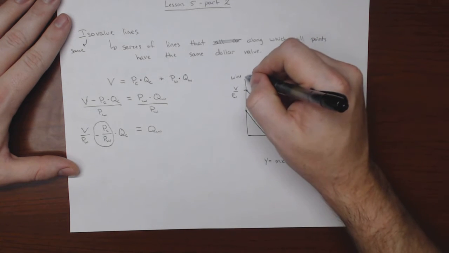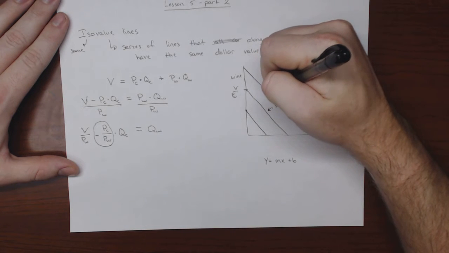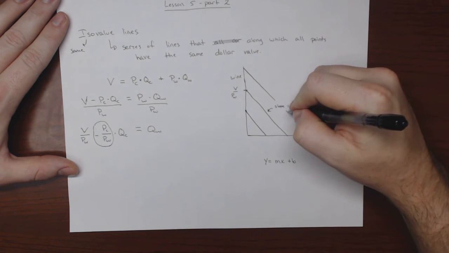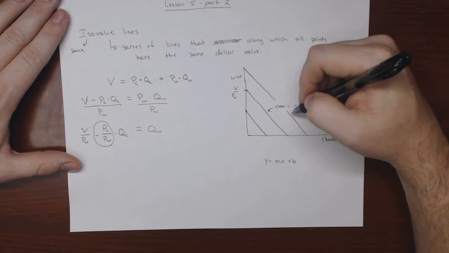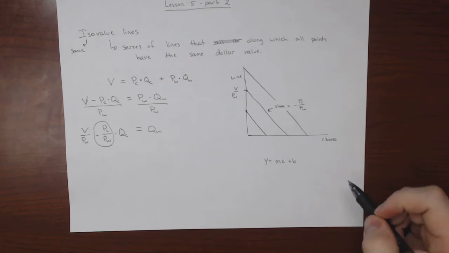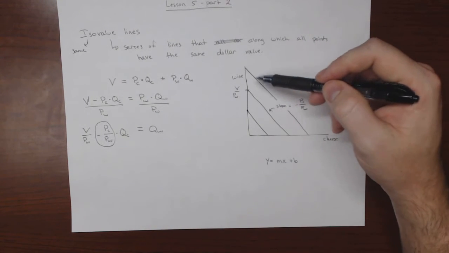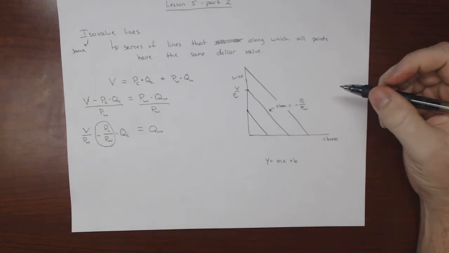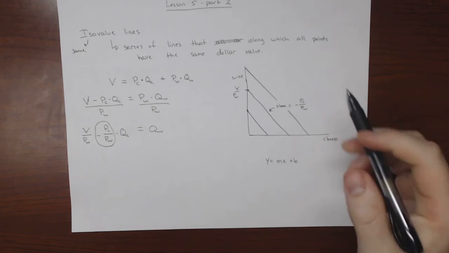And if V were to increase, then we would move it up here. I'm going to put a break in it so I don't draw over some words, but it should go all the way through. Okay, if V were higher, so if we produced more value, then it'd be up here. And so this is the basic idea of an iso value curve.